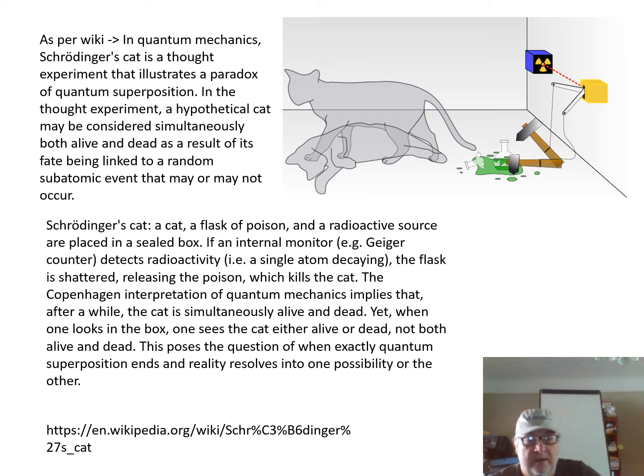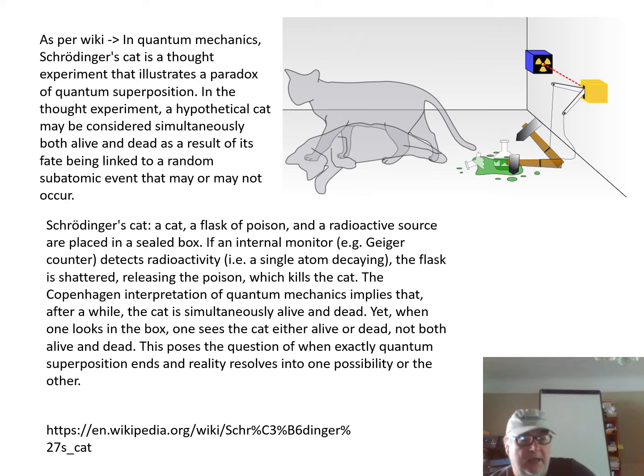The cat, a flask of poison and a radioactive source are placed in a sealed box. If an internal monitor, i.e. a Geiger counter, detects radioactivity, then a single atom decaying shatters the glass, releasing the poison which kills the cat.